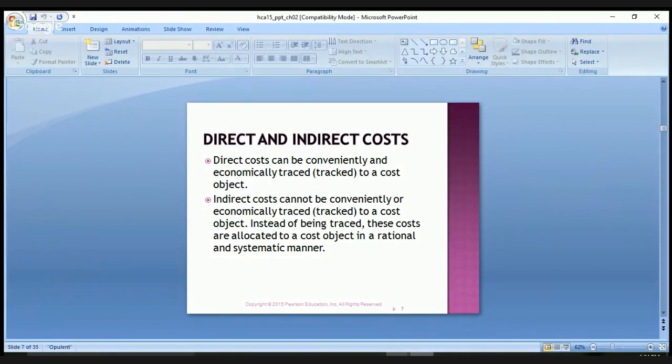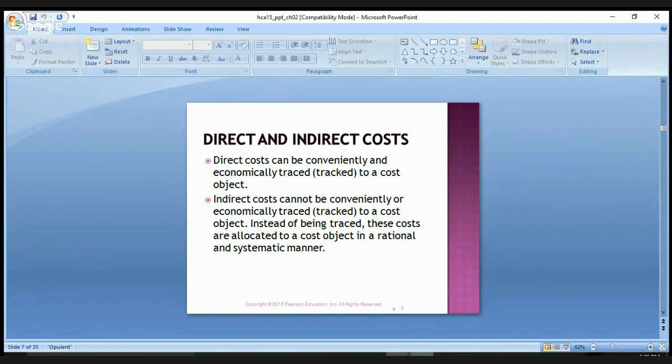So in the garage door company, me as the accountant could not be traced to Joe Smith's installation of his door. Okay? Because I cannot economically trace how long it took me to process his invoice into our computer system. I couldn't do that.